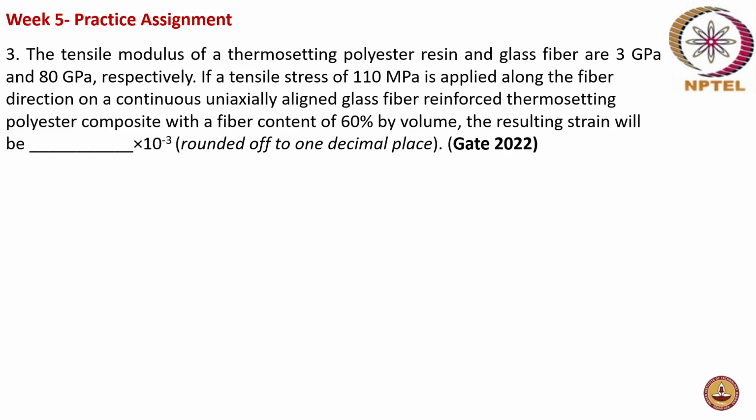Then the tensile stress of 110 megapascal is given for the entire uniaxially aligned glass reinforced composite. They have asked what the strain is in this case. They have also given the fiber content in the composite, right? So how do we proceed with this?